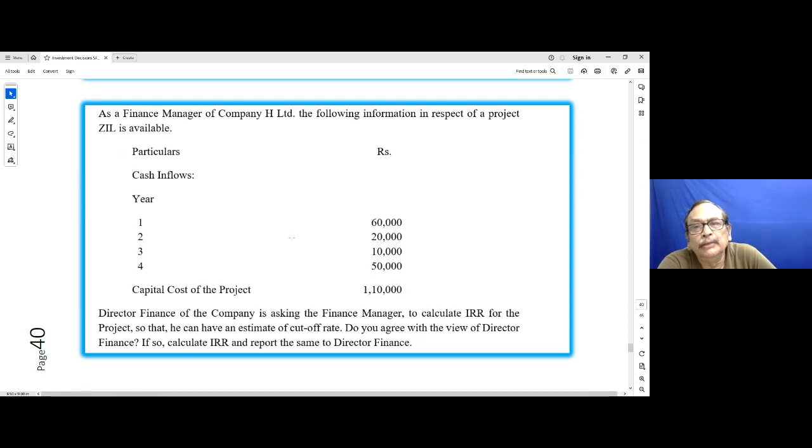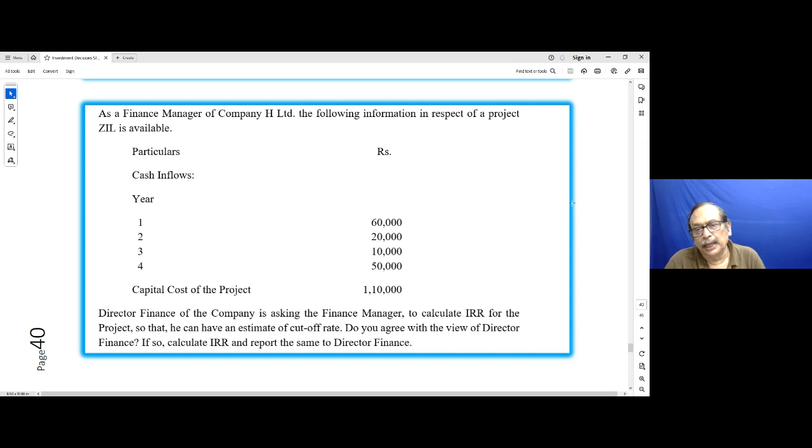Now we are coming to the next problem. As a finance manager of company H Limited, the following information in respect of a project GIL is available. Cash flows are in rupees.